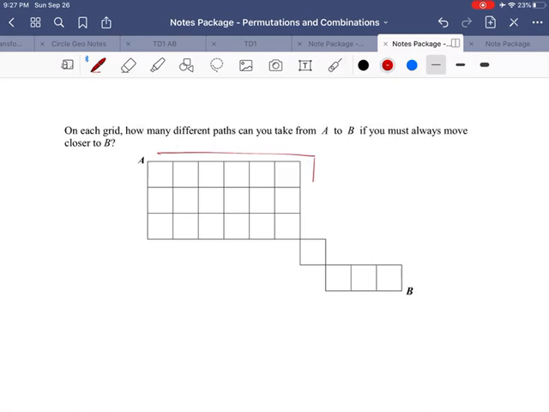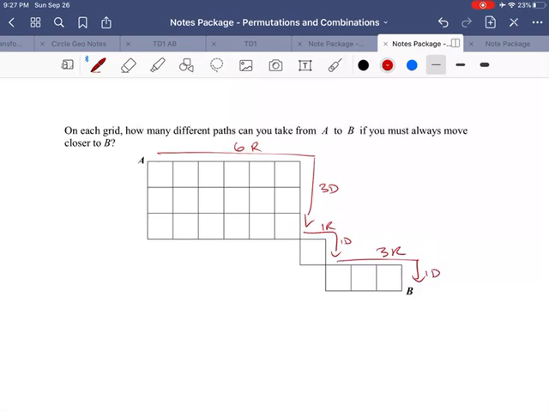We got to figure out how do we go from there to there, and then how do we go from there to there, and there to there. So we have 6 rights, okay, and 3 downs to get there. And then we've got 1 right and 1 down, and then we've got 3 rights and 1 down, okay?